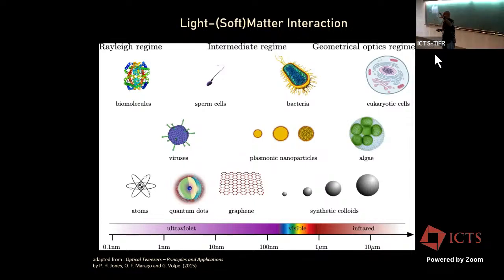For example, if you are trapping a reasonably large cell, or for that matter a droplet, which is also an interesting prototype to understand light-soft matter interaction, you would be able to utilize the general rules of geometrical optics and study that particular interaction.